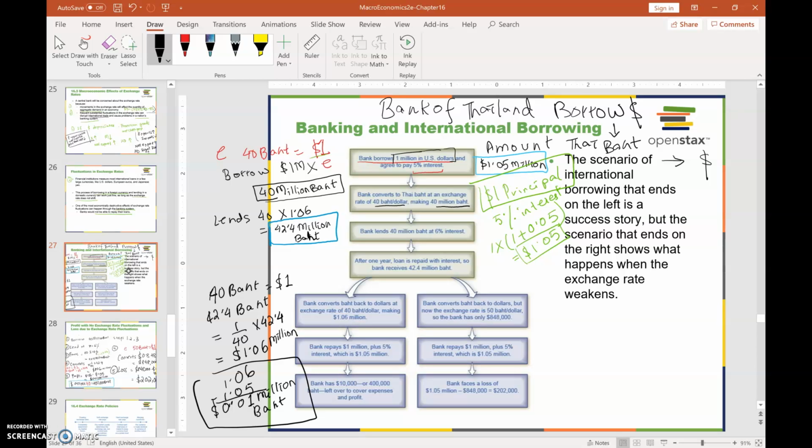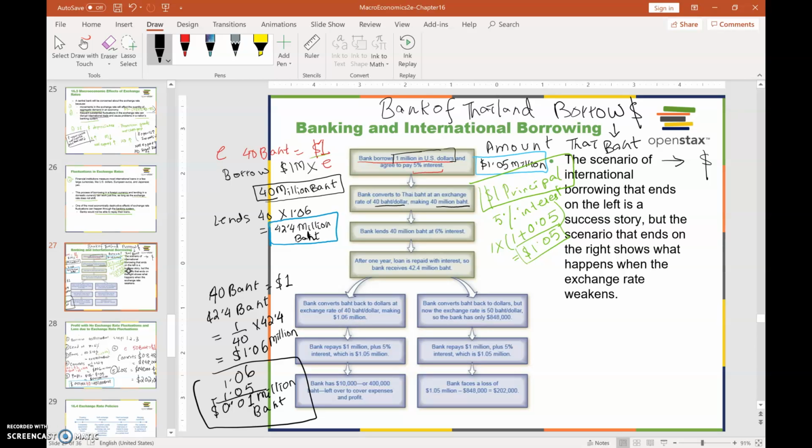Say the Bank of Thailand is borrowing 1 million US dollars and agrees to pay an interest rate of 5%. So it has to repay 1.05 million US dollars. The 1 million US dollar it borrowed is going to convert into local currency, that is the baht.